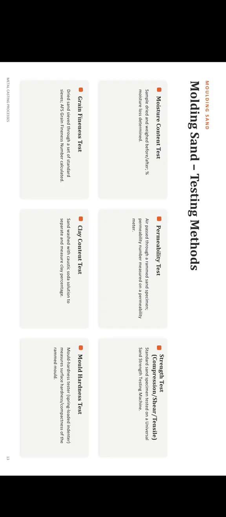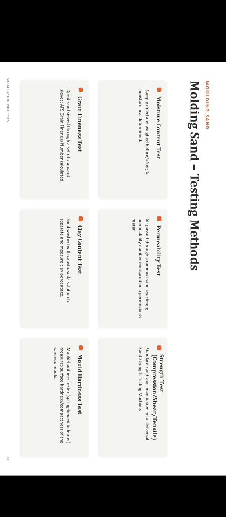Molding sand testing methods: moisture content test, permeability test, strength test, grain fineness test, clay content test, mold hardness test. Moisture content test: sample dried and weighed before and after, percentage moisture loss determined.